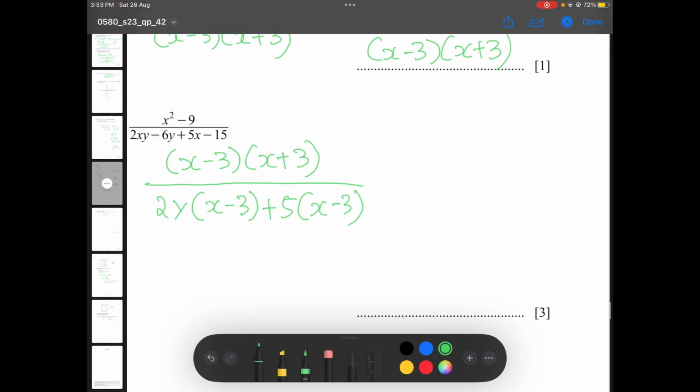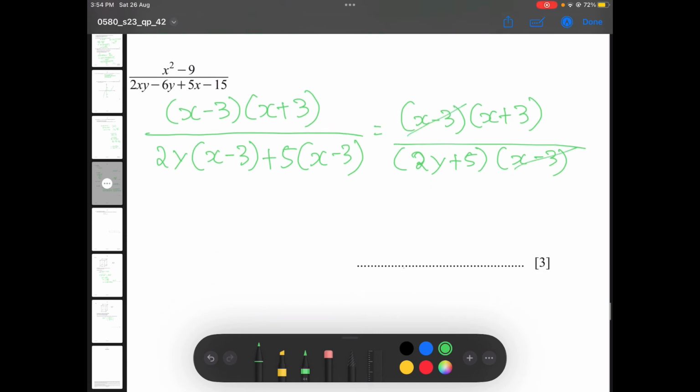Now this will be equal to x minus 3, x plus 3 over 2y plus 5, x minus 3. So now we can cancel out x minus 3, and it's x plus 3 over 2y plus 5.